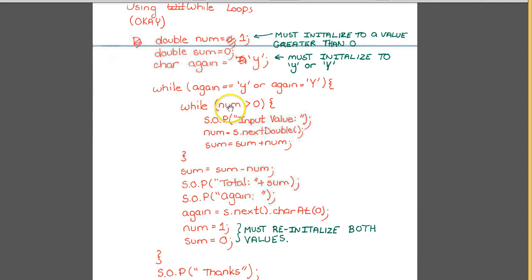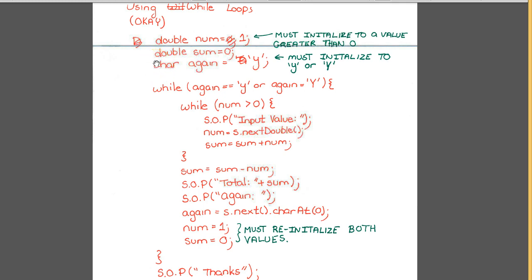Likewise, I have a second while loop that deals with taking the inputs of the number. Because the condition gets checked before I start, I have to actually initialize num to something greater than 0. As long as it's greater than 0, this will work. So that is kind of the added consideration if you program this using a while loop.